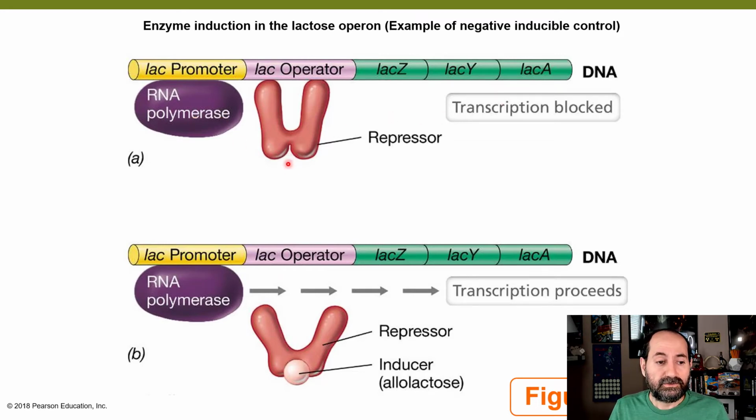Then, when you add lactose, some of that lactose gets converted to allolactose. Allolactose is a small molecule that binds to the repressor and inactivates the repressor.